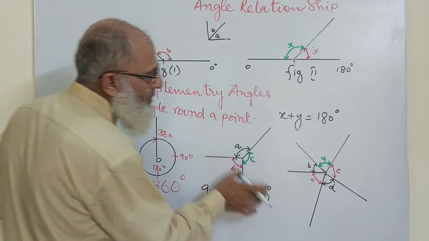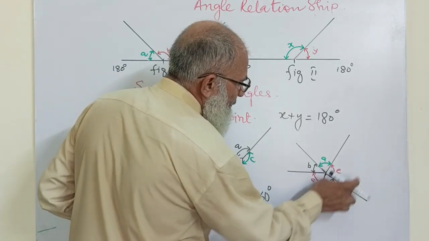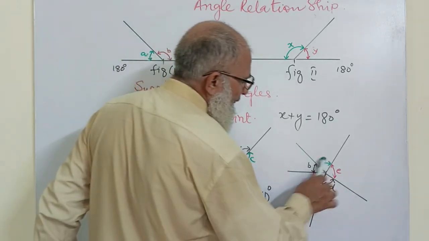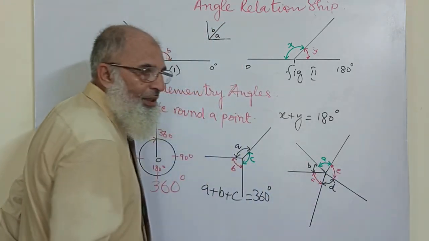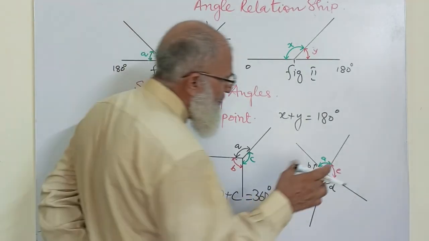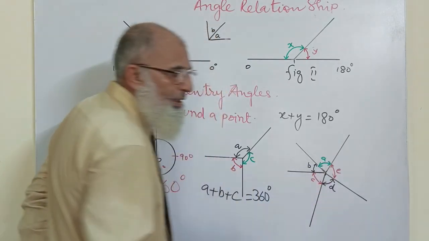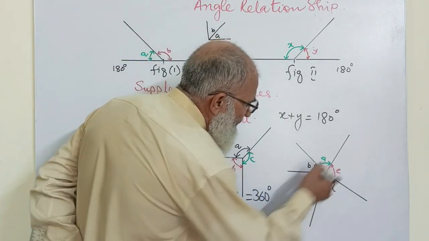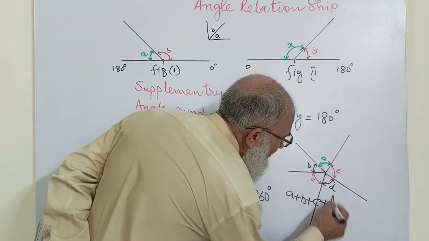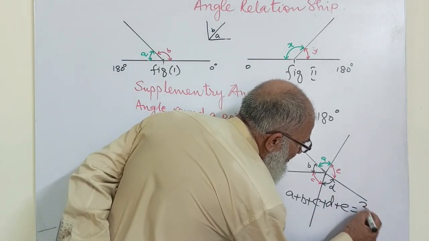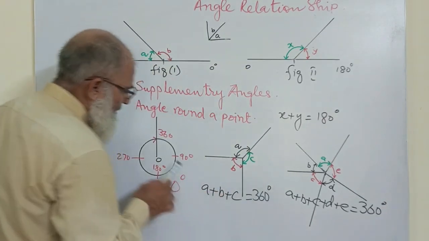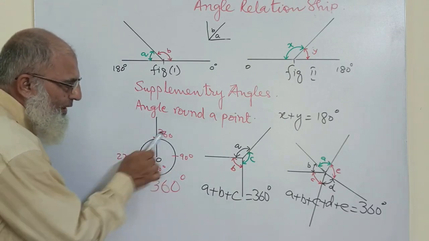Now there were three angles. Now here are 1, 2, 3, 4, 5 angles. The same is the case over here, that A, B, C, D, E sum up, and when they sum up, A plus B plus C plus D plus E is equal to 360 degrees.